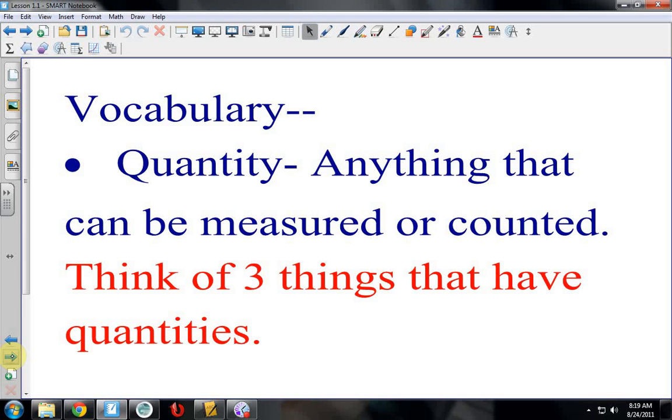Anybody else having one? Water. How would you measure water? Measuring cup would be one way, right? How many cups of water do you need to make some type of food, right? Also, gallons, right?